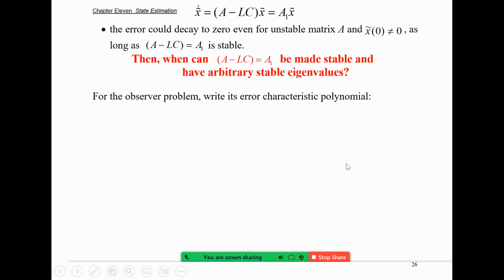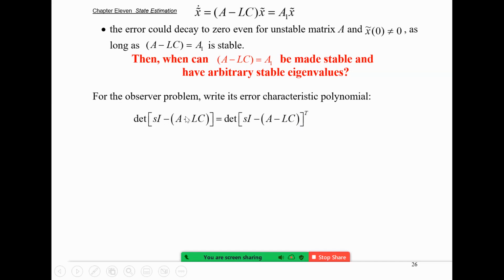For that purpose, let's analyze the characteristic polynomial of this matrix. Of course, that's the determinant of sI minus A plus LC. Now there is a trick, an important operation that can relate the design problem of this observer to the old problem we have solved.